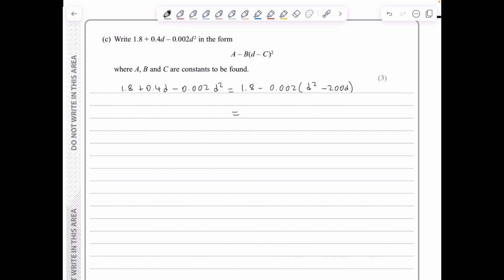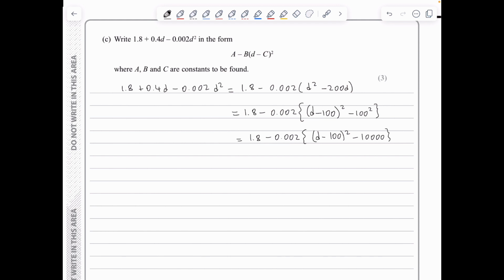So this leads to 1.8 minus 0.002, and I open brackets, it's d minus 100. Remember, it's always half the coefficient of d, so minus 200 will give me minus 100 in the bracket, minus 100 squared, and I close the curly brackets, which leads to 1.8 minus 0.002 times d minus 100 squared minus 10,000.